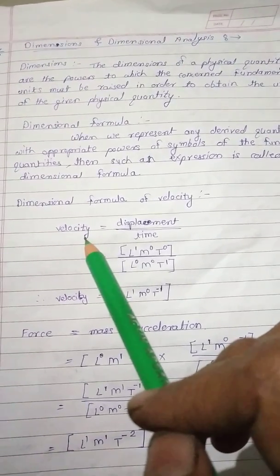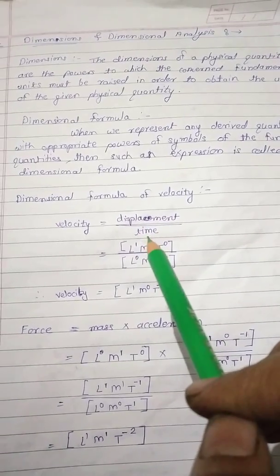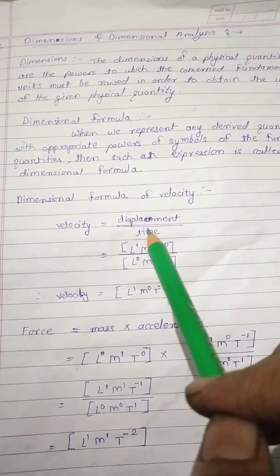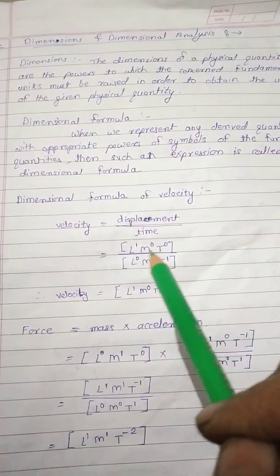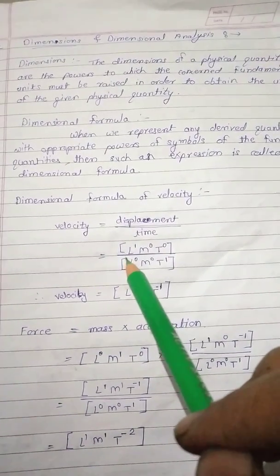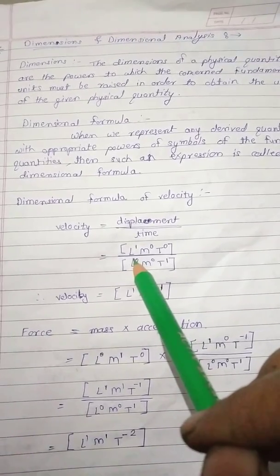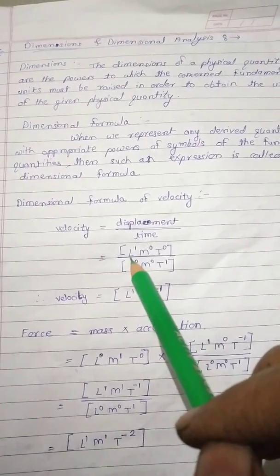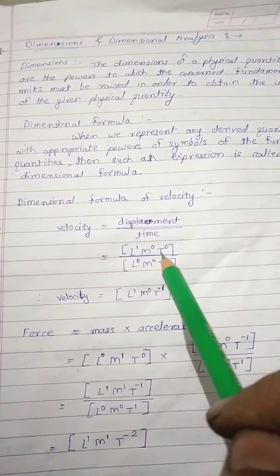The formula for velocity is displacement upon time. The dimension is always written in square brackets and in the form of the fundamental quantities we already learned, here the LMT form, meaning length, mass and time.